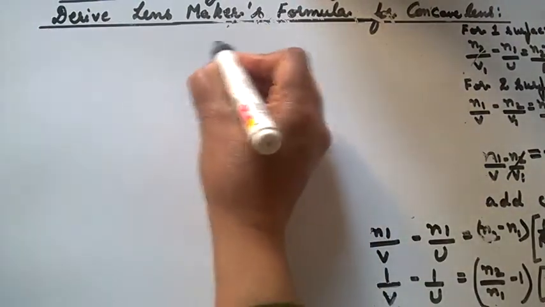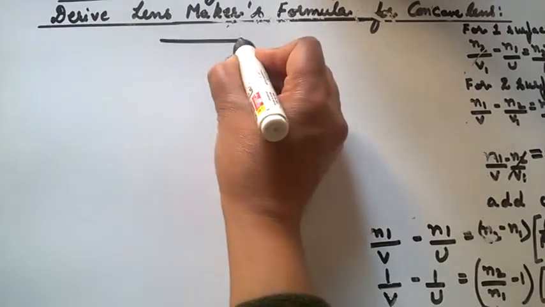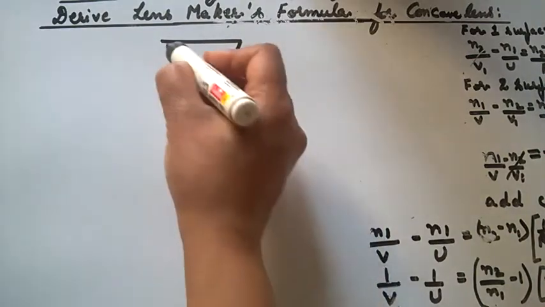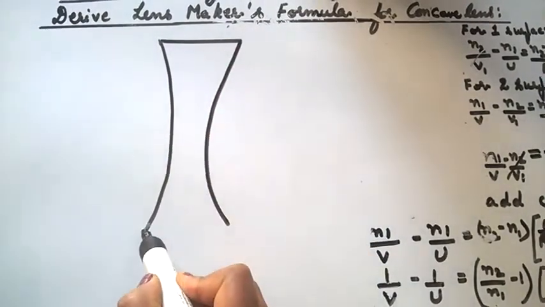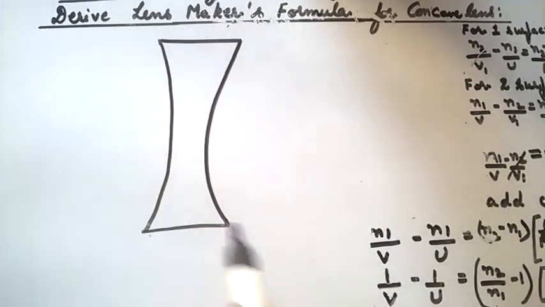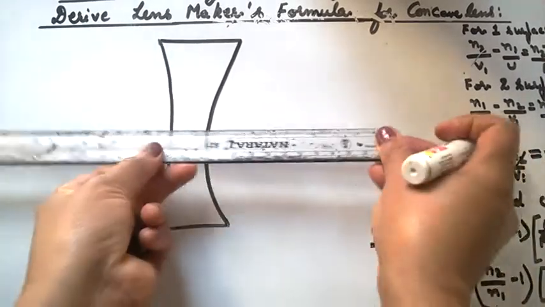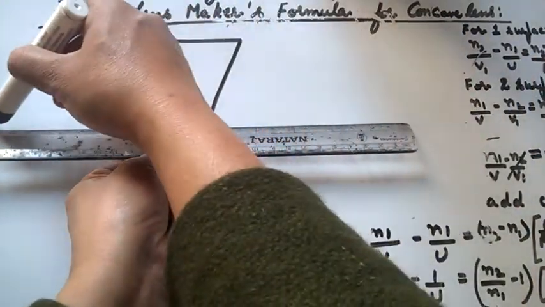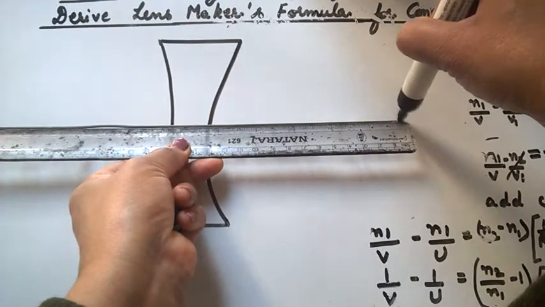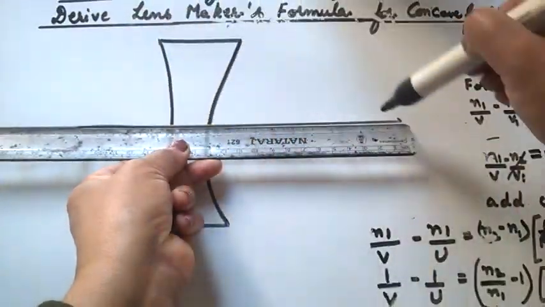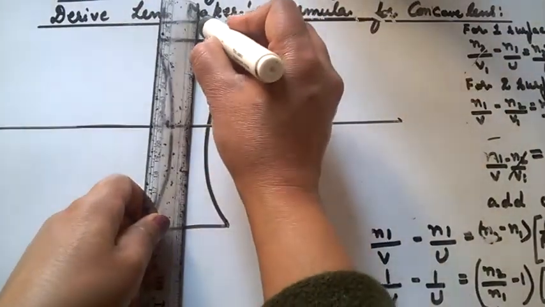Draw a concave lens. Principal axis, this is the optical center.